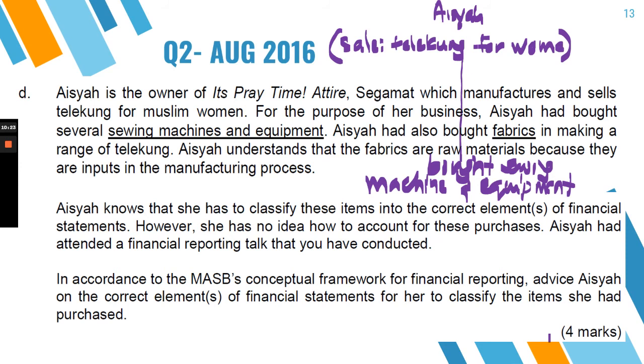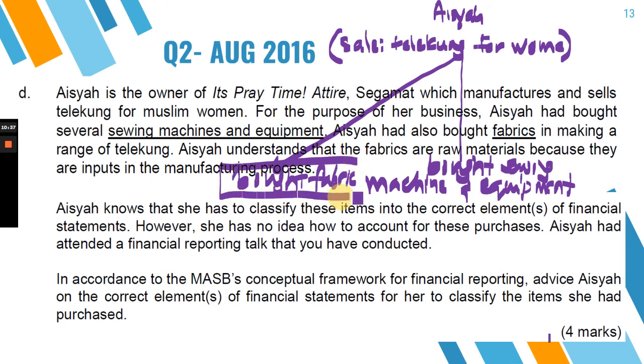Aisha had also bought fabric. Okay, one is the sewing machine, another one is the fabric. This is what Aisha did in making the range of the telekung.